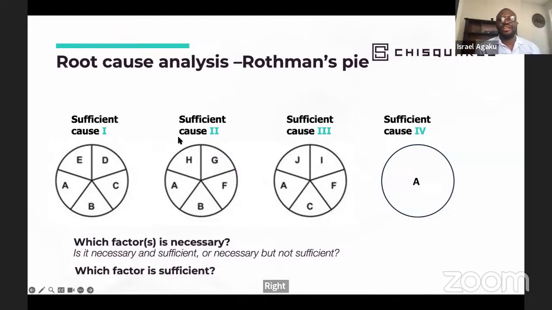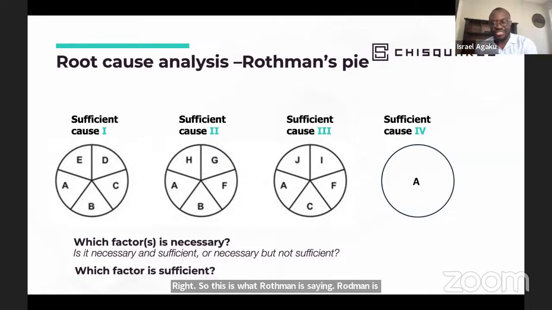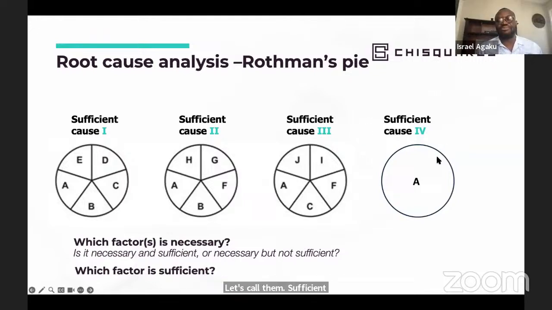Rothman is saying that let's put the unique set of conditions that can give rise to disease, let's call them sufficient causes. So in this case, for example, there are 4 sufficient causes for which an individual can have that outcome.